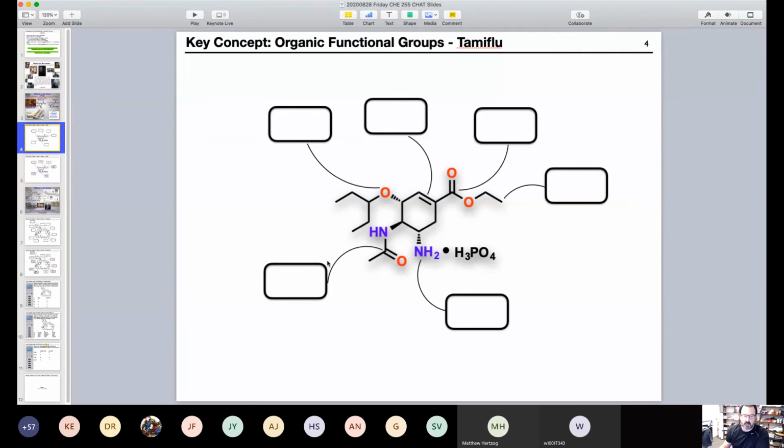Now what about this box? It's pointing to a carbon-oxygen double bond. But now this is sigma bound to a nitrogen.